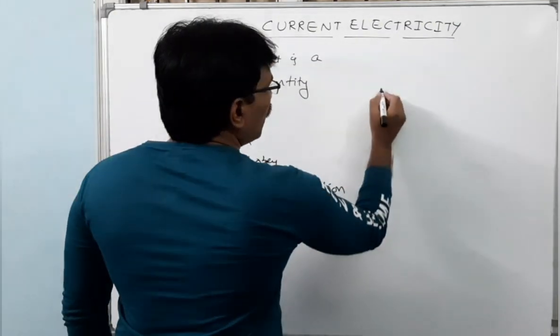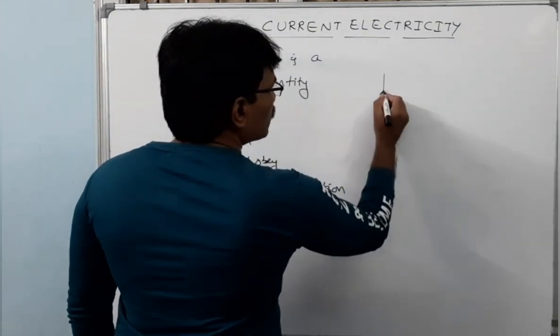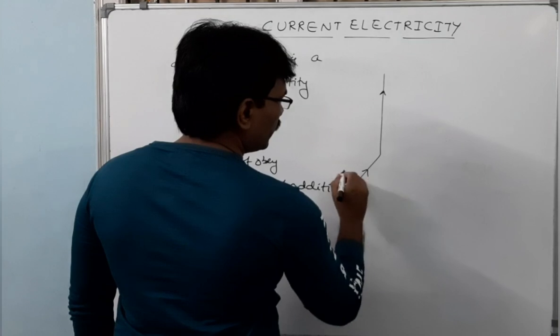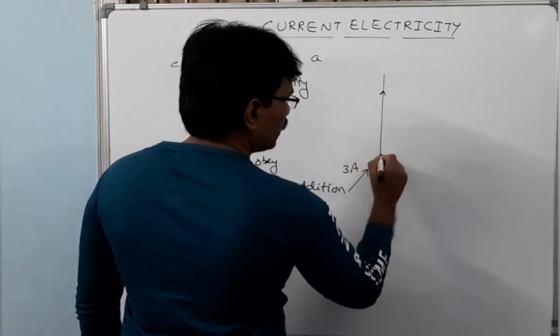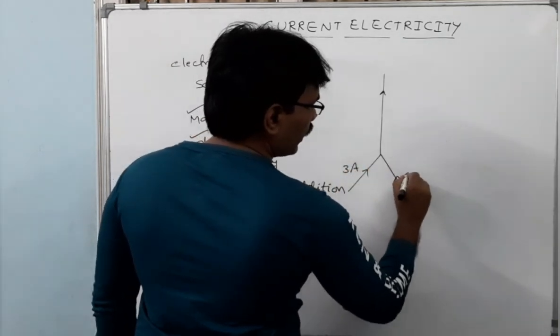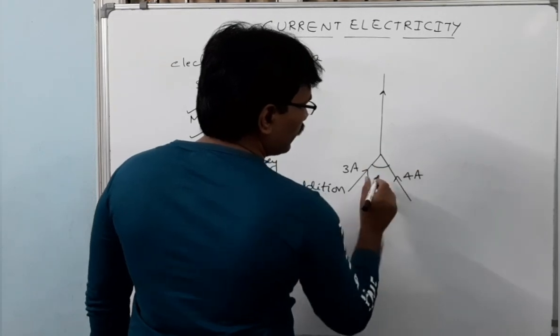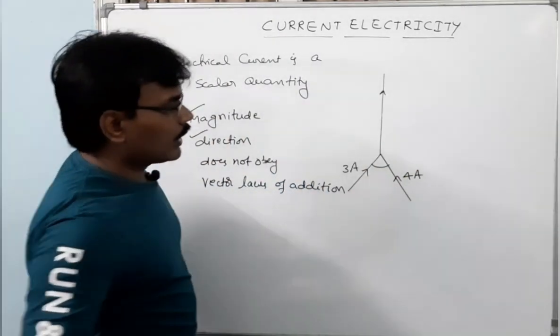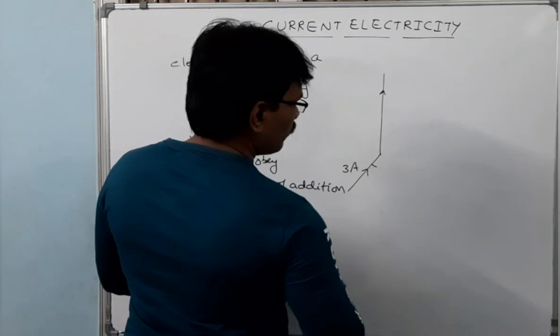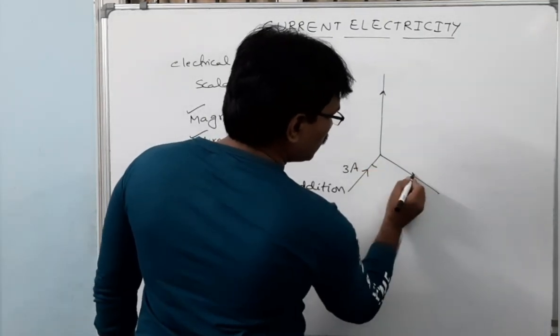For example, two wires are there. In one wire, 3 ampere current enters this point, and in the other, 4 ampere current enters, and let the angle between them be 90 degrees, which makes it easy to simplify. So I1 is 3 amperes, I2 is 4 amperes.